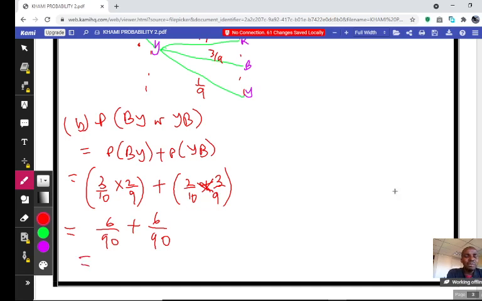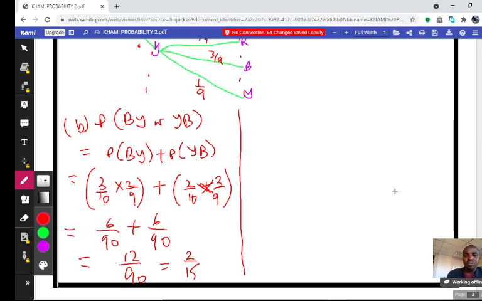You just say 6 plus 6, it will be 12, then over 90. Then this one you simplify. You can use your calculator, or you can just simplify this one using common factors. So in this case, it's 12 over 90. If you can simplify this one, it will be by 6. Here it will be 2 over 15. Then you'll be done.